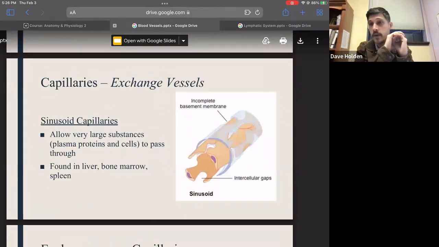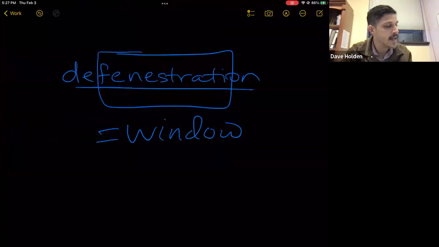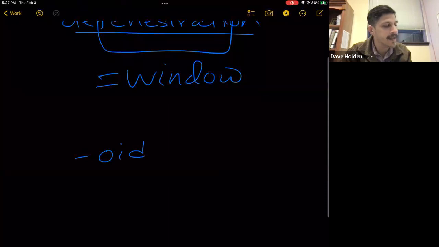Now, if you were to take a window and just blow a hole in the wall, right? Like you're tearing down a wall to make a great room. Well, now you need a sinusoid cavity. That ending, oid, anytime you see that ending, O-I-D, that is a Greek originated suffix.